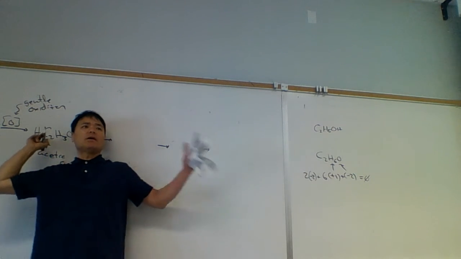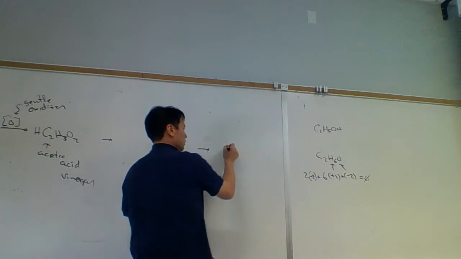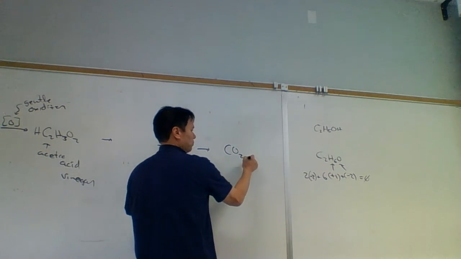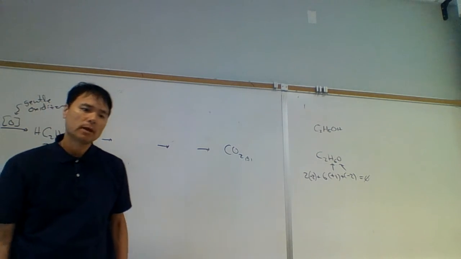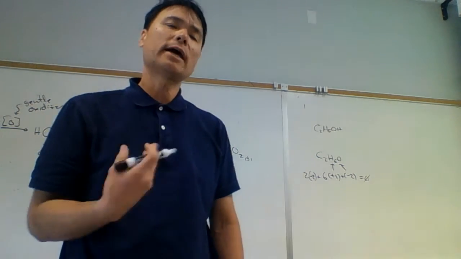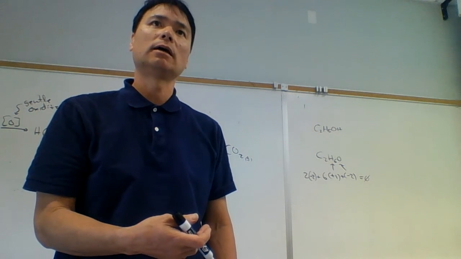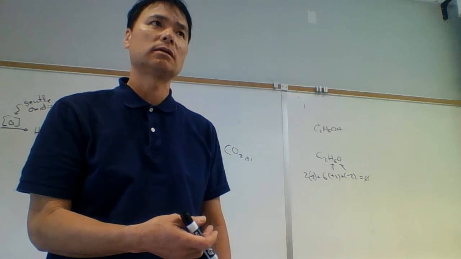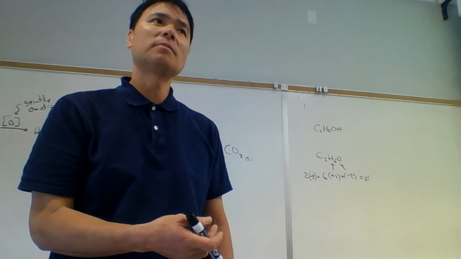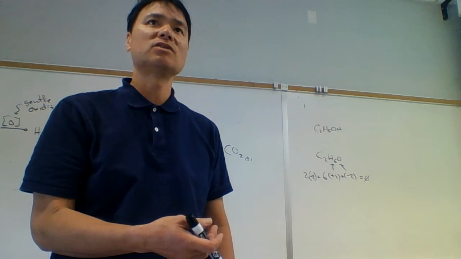Eventually it's going to end up all the way at +4 in CO2. Can it go beyond +4? No. And so your bodies are going to take the ethanol and metabolize it for all the calories it's got, and then you're going to exhale CO2, which is completely spent. You can't metabolize CO2 any farther, and so we have to exhale it as waste.